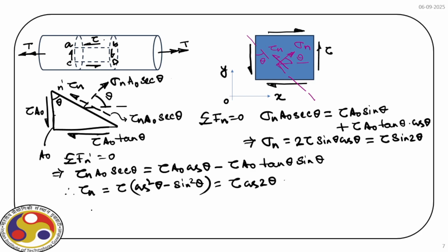Now from these two expressions we can find out the maximum value, sigma n max is equal to plus minus tau, right? That you can identify from this expression. Between 0 to 360 we have this variation, and similarly we can also find out tau n max is equal to minus plus tau.